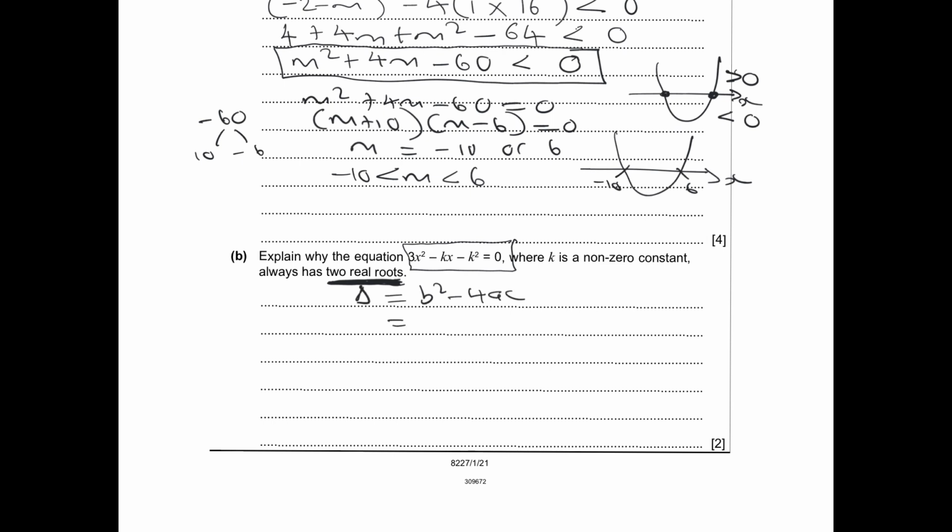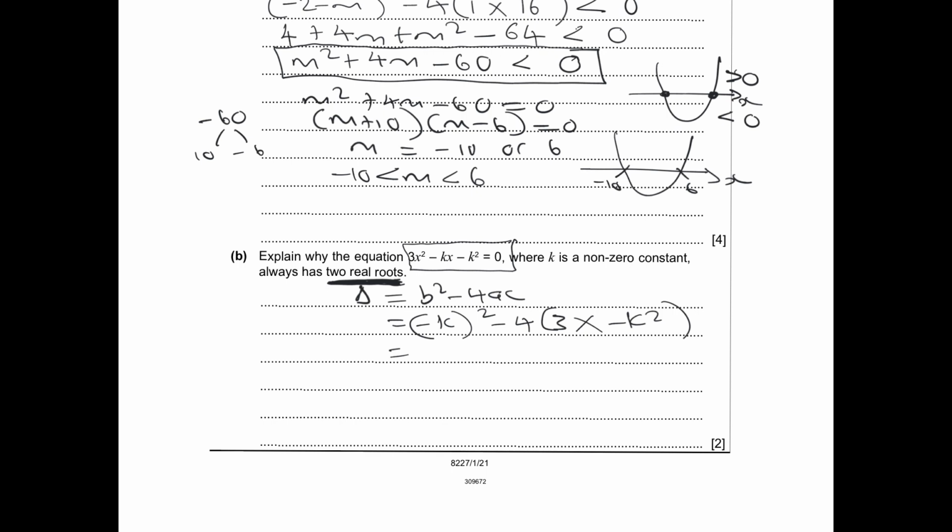Now, what is our b from there? Our b is negative k. So we can have negative k squared minus 4. Our a is 3, the coefficient of x squared. So we have 3 there. And then our c is what? Is negative k squared. So that's what we are having.